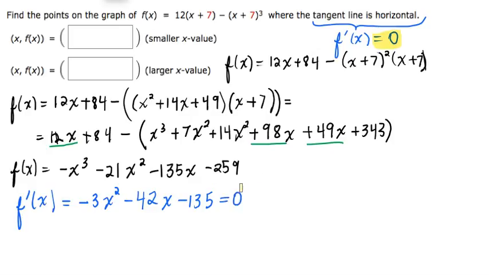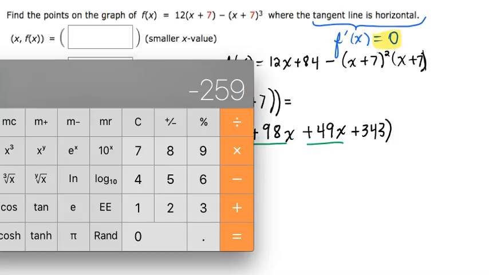And then we need to solve. So that gives us a quadratic, which may or may not factor. It's hard to say. I don't think I can factor 3 out of everything, but I do want to go back and double check this, the 98 plus 49, just to make sure.